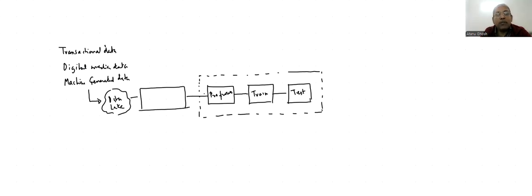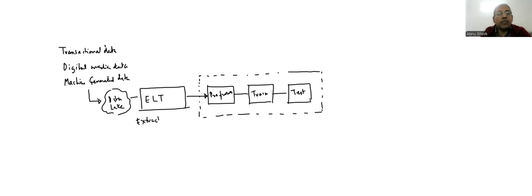This engineering of the data is typically called ELT. ELT stands for extract, load, and transform.